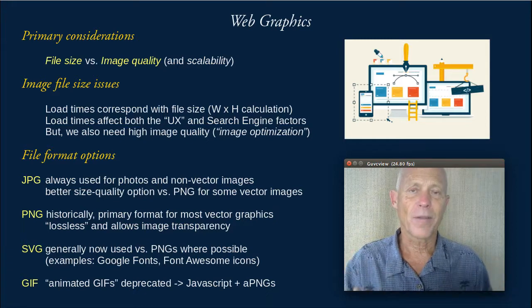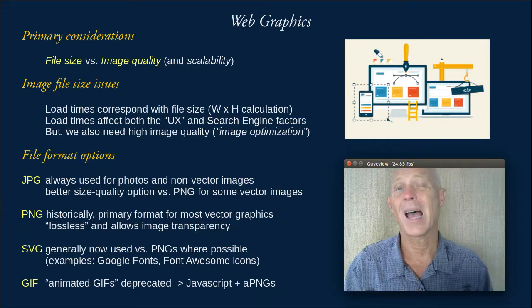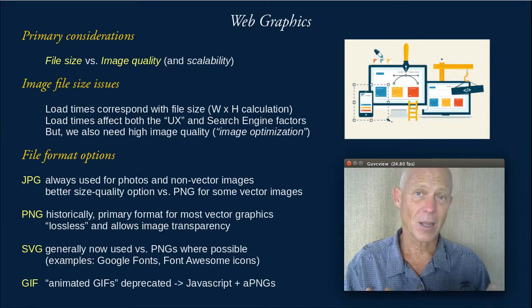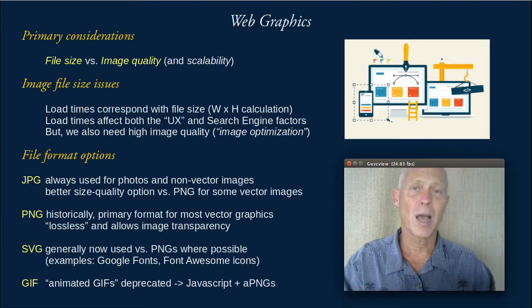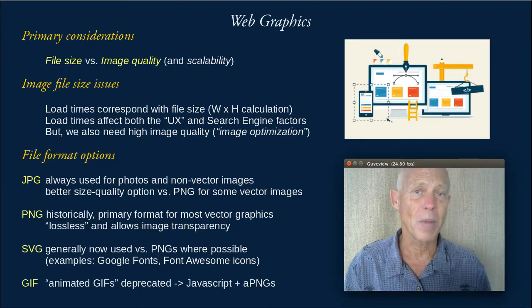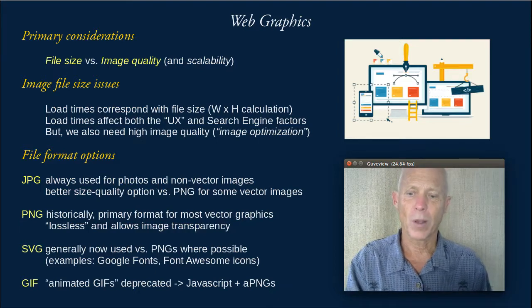That means that the file size will be 4 times larger than it should be, because it's width times height. 2 times 2 is 4. It's going to be 4 times larger than it should be. So maybe it should be 200K in full-size pop-up display for a photo gallery page, and instead it's going to be almost a meg. That sort of thing, okay?